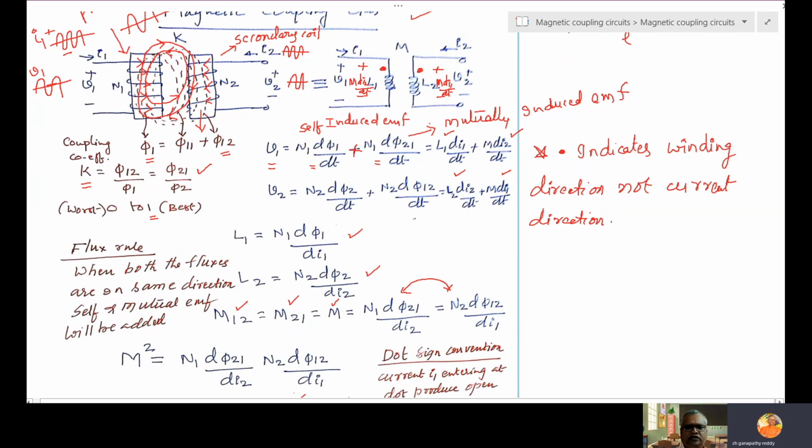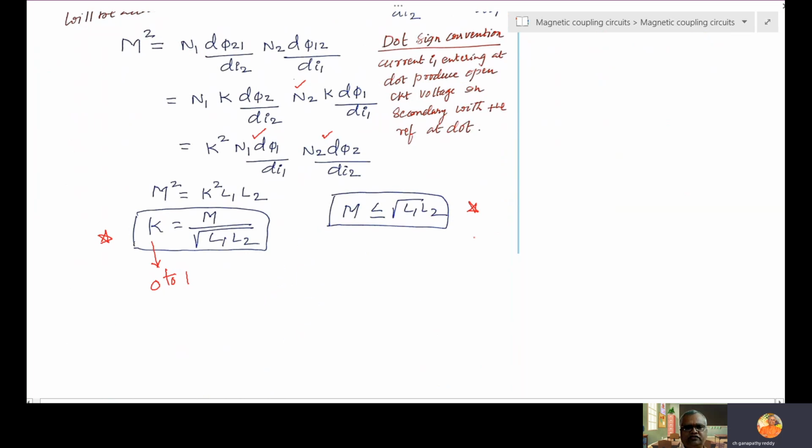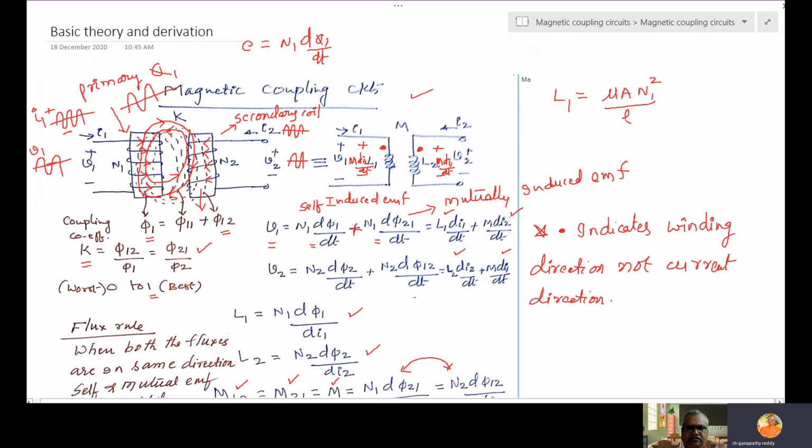So that is the dot sign convention. In short, current I1 entering at the dot produces open circuit voltage in the secondary with positive reference at the dot. If you remember this, then all four combinations we can tell easily.